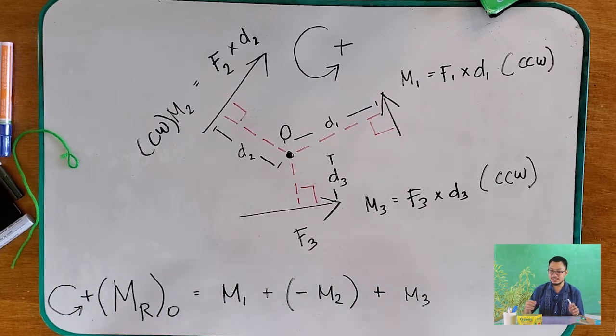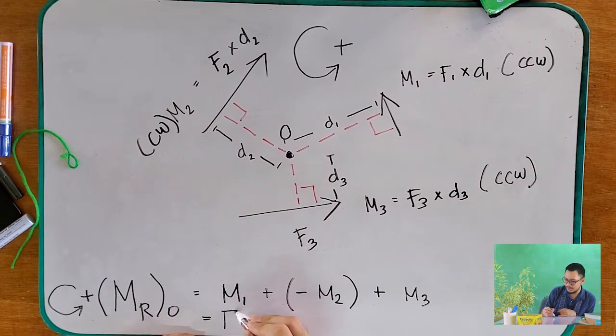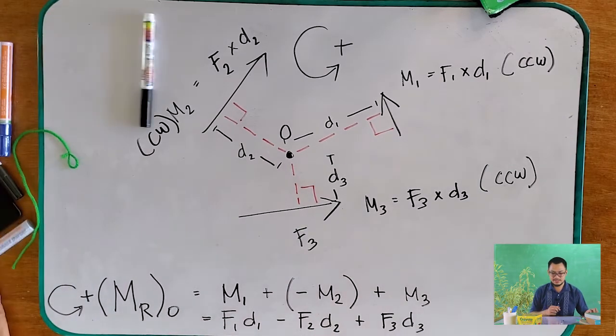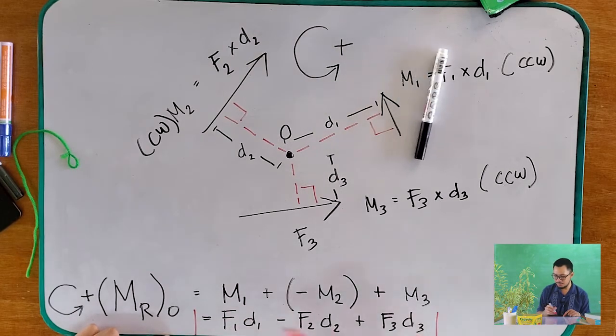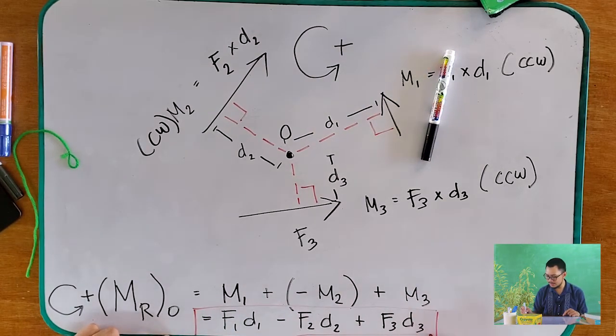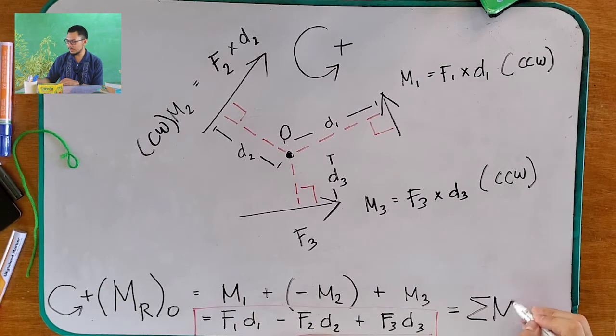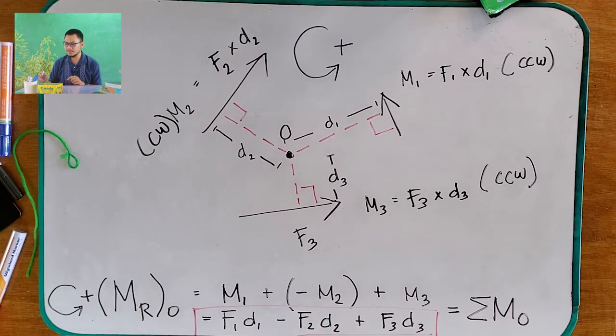Or basically, you can express this as F1 D1 minus F2 D2 plus F3 D3. That is how you sum the moments of multiple forces. Basically, this is just equal to the summation of moments at point O. You are just summing the moments at point O.